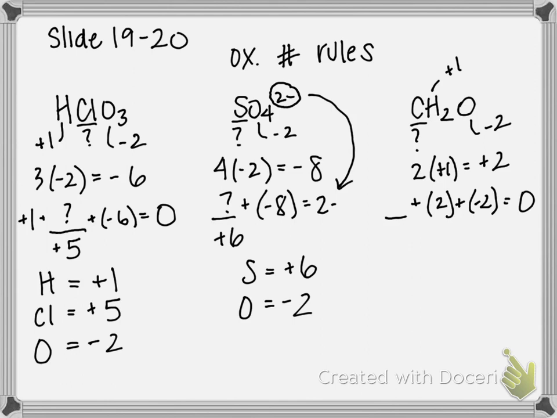You'll notice 2 plus -2 already gives me 0. So that means the carbon in this case has an oxidation state of 0, because we already have a 0 charge sum from 2 plus -2. So carbon is 0, hydrogen +1, and oxygen -2. And there you have it. That's how to assign oxidation numbers to elements within a compound.